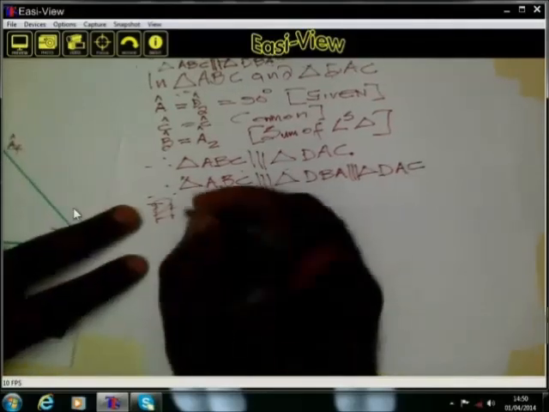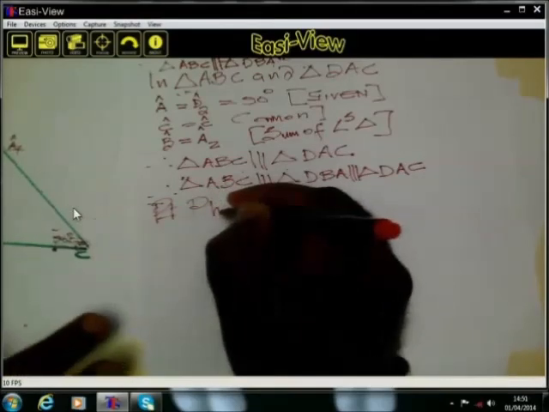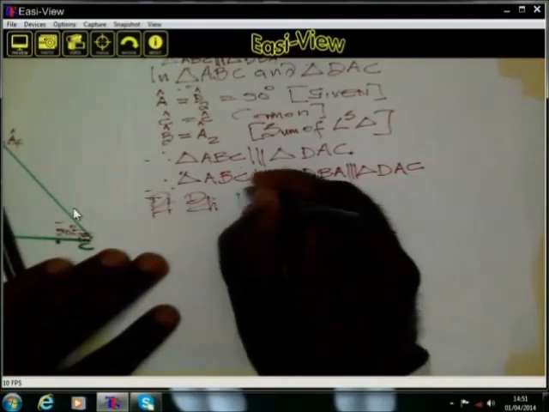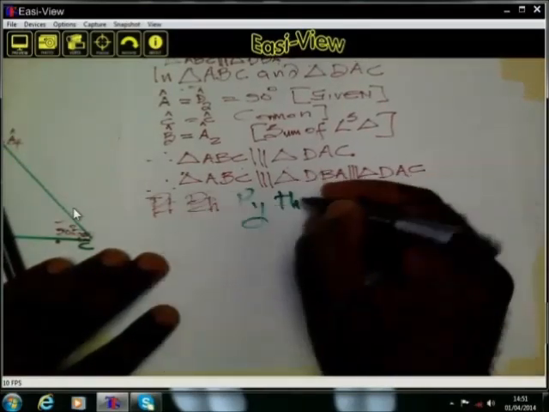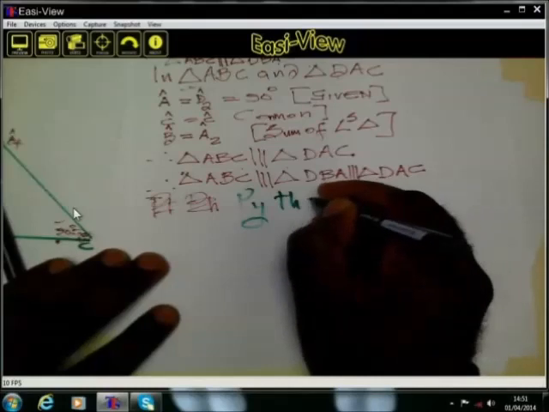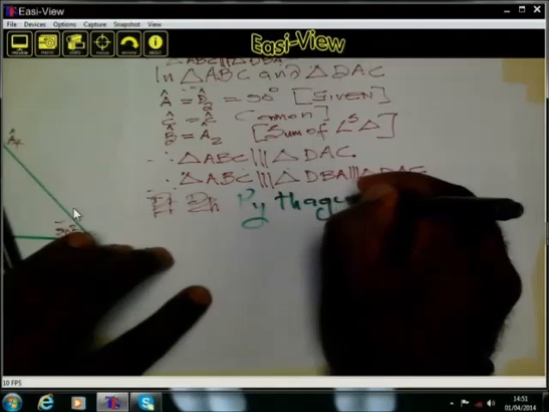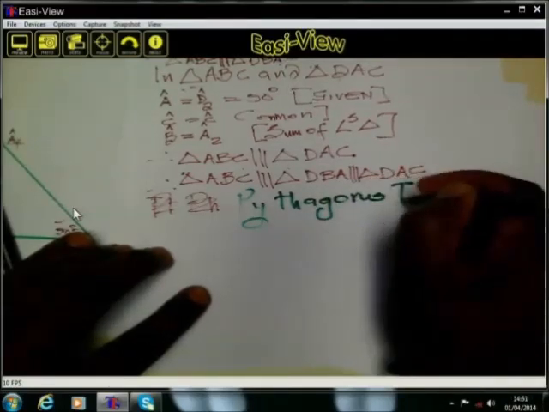So Pythagoras theorem is a theorem that entails a right-angled triangle. Now, the conclusion that we have come up with here actually introduces us to this lovely theorem of ours, Pythagoras theorem.